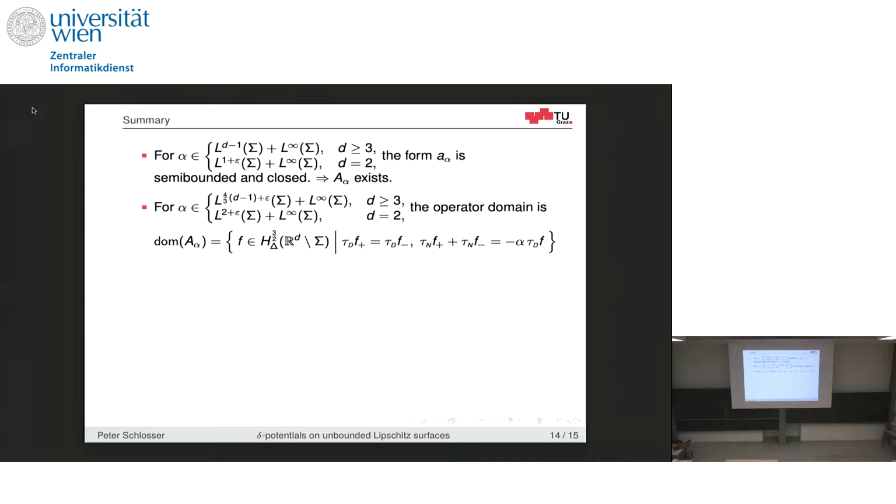We proved that the operator domain and the action of the operator gets a little bit better. So this equation here is an L2 equation when you have a little bit better alpha here, so 4/3 over d minus 1 and L2 plus something.